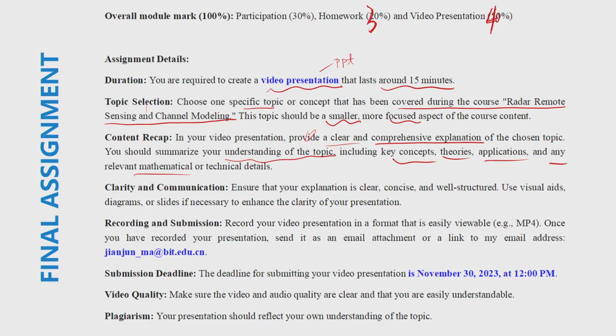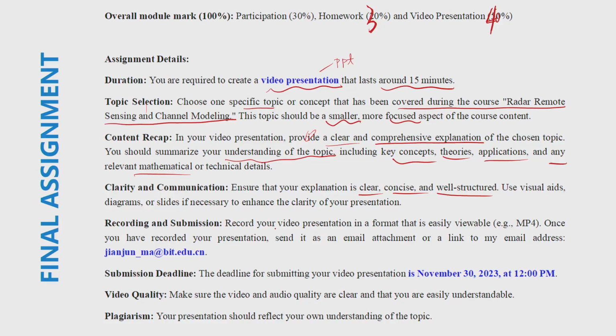You can figure out some applications of that topic, and also something more. Then ensure your explanation is clear, concise, and well structured. Just some basic presentation skills.